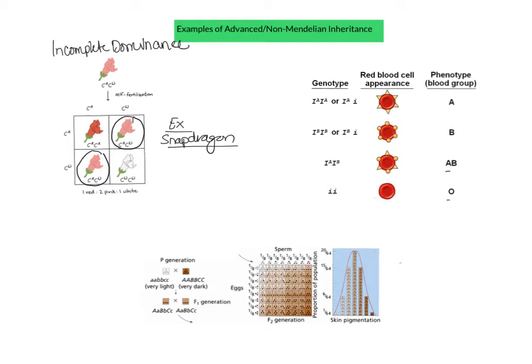But in incomplete dominance, this is characterized by the heterozygous individuals having what we call an intermediate phenotype.